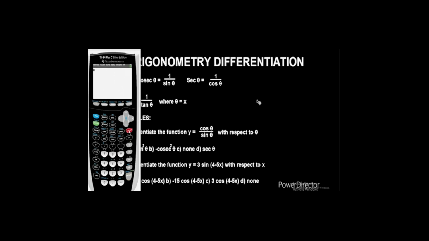Now the next thing you're going to do will be to store a number, which is very important, guys. For solving derivative questions using the TI-84 plus calculator, whether it is involving trigonometry or not, you have to store a number. Alright, of which I highly recommend 2. The essence of using 2 is because I have practiced with it for a very long time and I have not found any error with it.